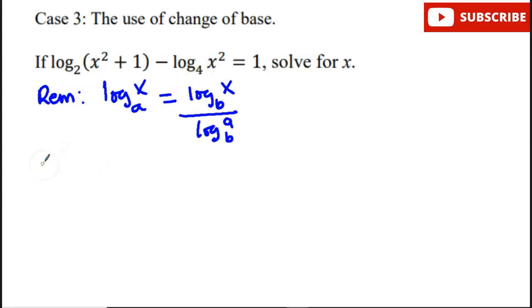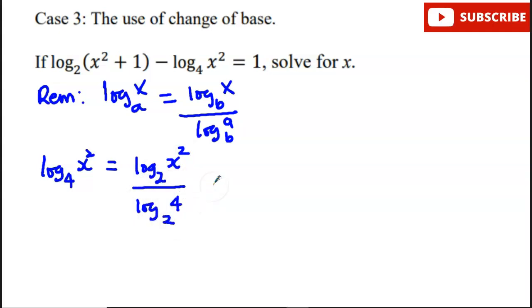So we have log to the base 4 of x squared. Now we are going to have log to the base 2 of x squared over log to the base 2 of 4. And this is 2 log x to the base 2 over, and this we can write as log to the base 2 squared.